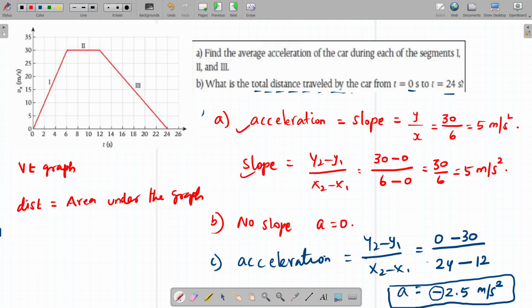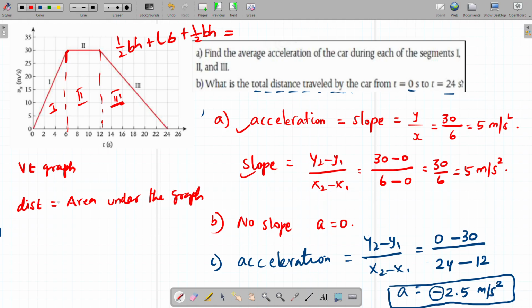Here there are three segments. You can take the first segment as a triangle, the second segment as a rectangle, and the third segment as a triangle. So half b h plus length into breadth plus half b h. You can put all the values and add them to find the answer.